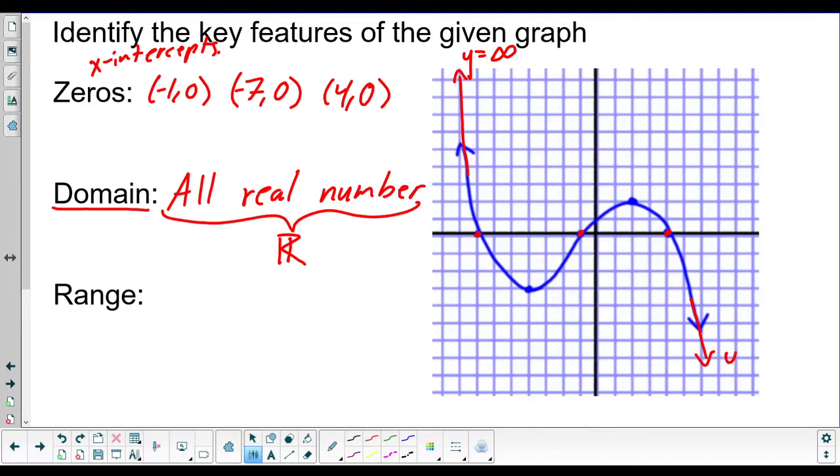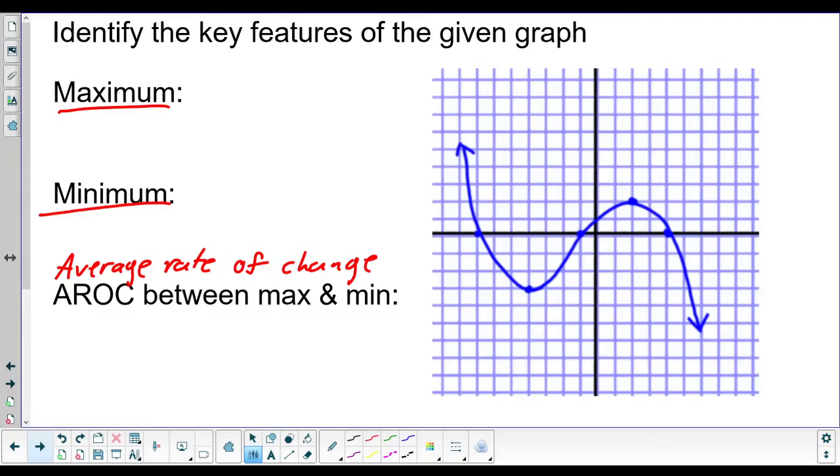This means it's going to go to y equals negative infinity. So our range goes down forever and it goes up forever. That's everything. So the range for this graph is also all real numbers. But we're going to see some that aren't all real numbers. Okay? We'll get there.